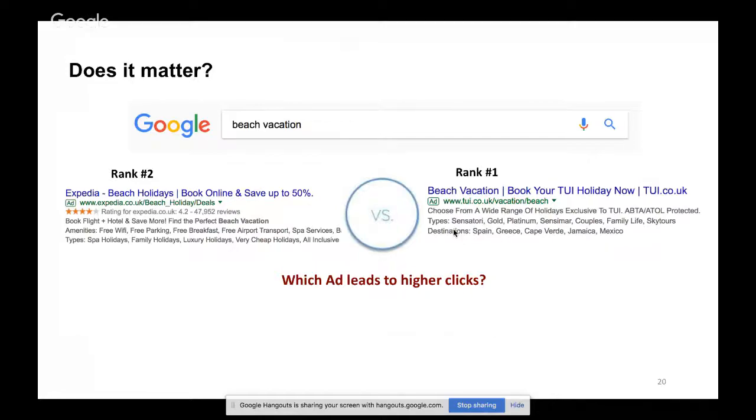Okay, but as you can see, the design of these two ads is completely different, and they have different focus.